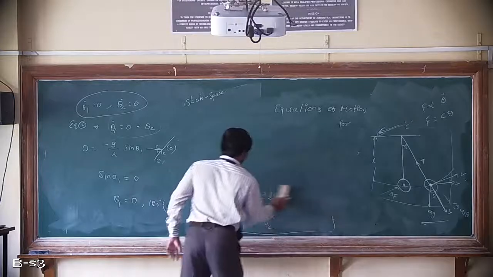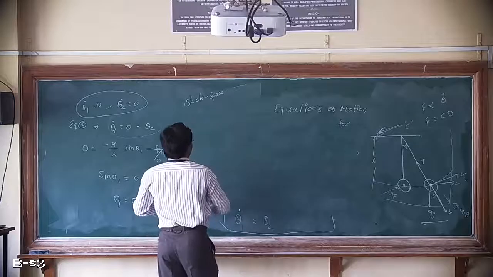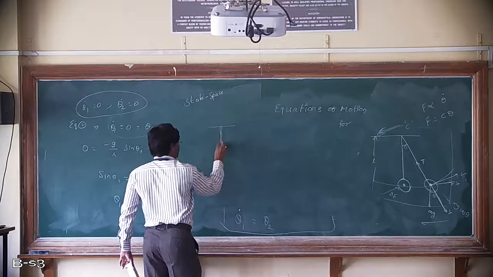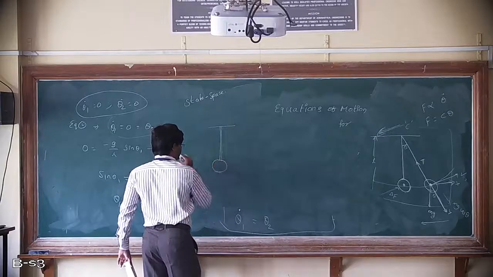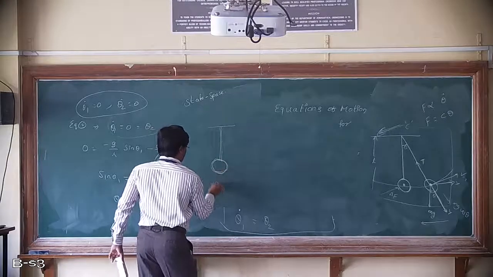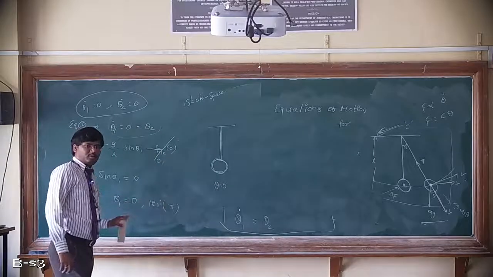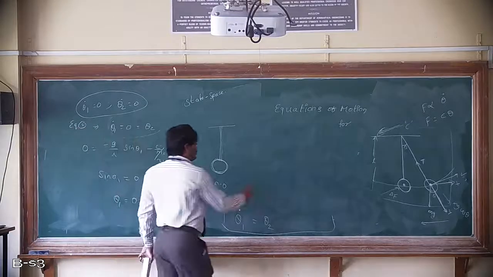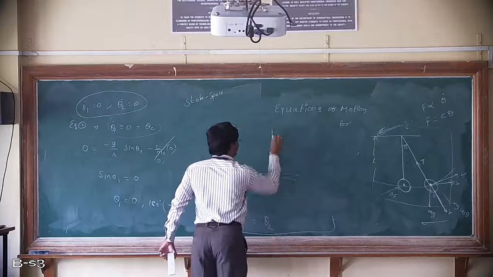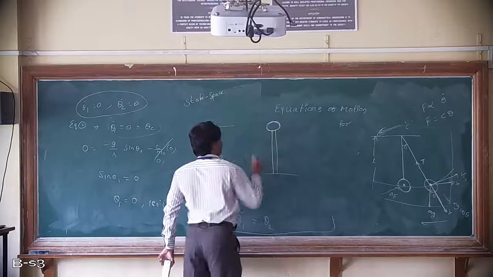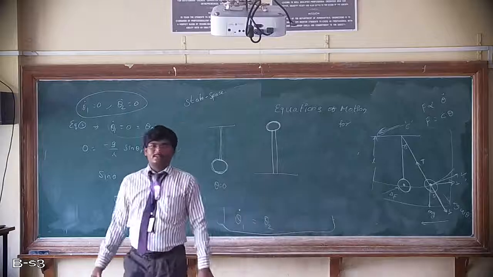So you use a metallic bar. At theta equal to 0, theta 1 is nothing but theta. This is one equilibrium point, and one more equilibrium point is like this, right?